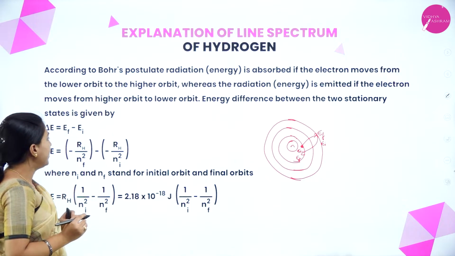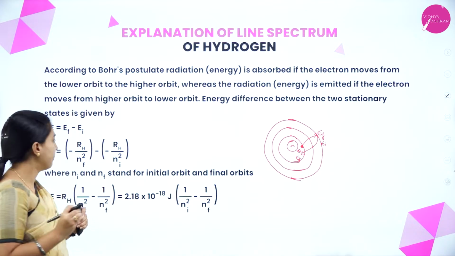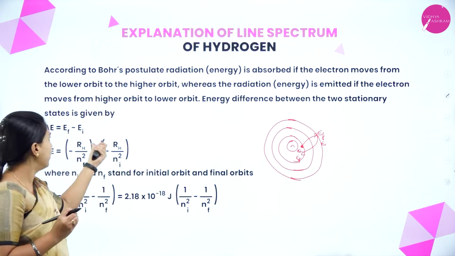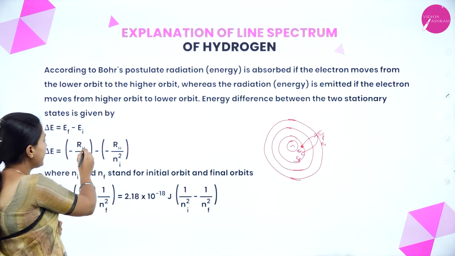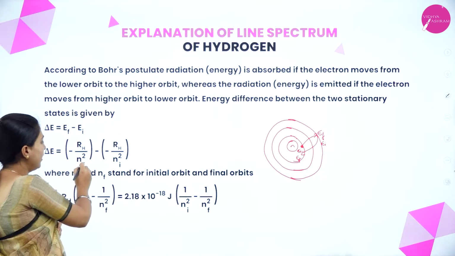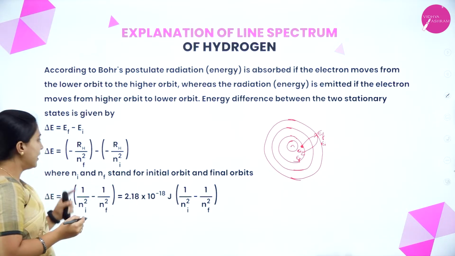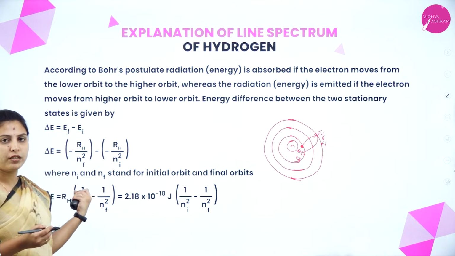Delta E means the difference, E2 minus E1, that is Ef minus Ei, the final energy and the initial energy. Delta E equals minus RH by Nf square minus minus RH by Ni square. This is the energy equation we get from Bohr's atomic model.